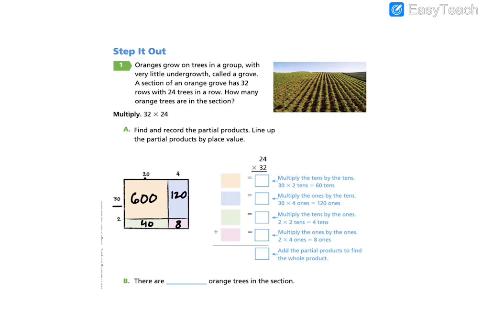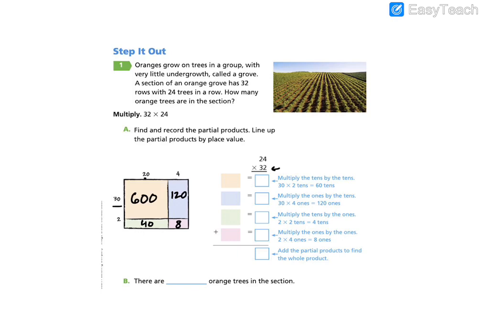Okay, so now let's look at multiplying using partial products. When we multiply with partial products, this is really similar to what we did when we did a one-digit times multi-digit. We're still going to start with the ones place in one of our products.